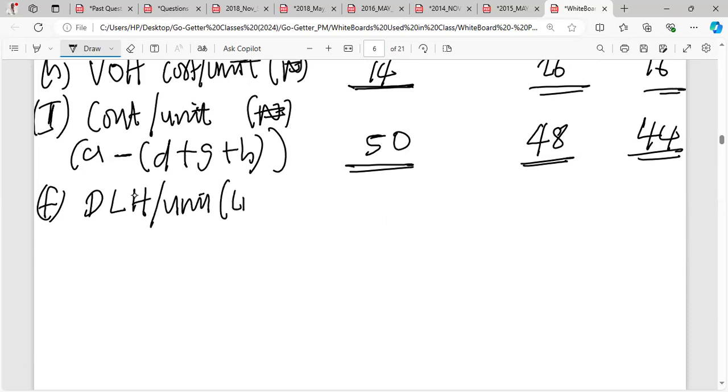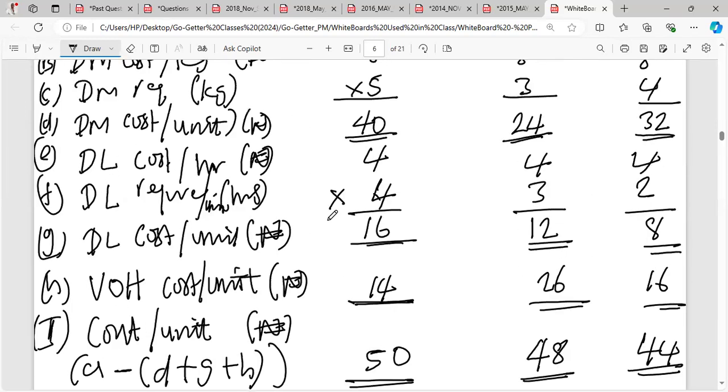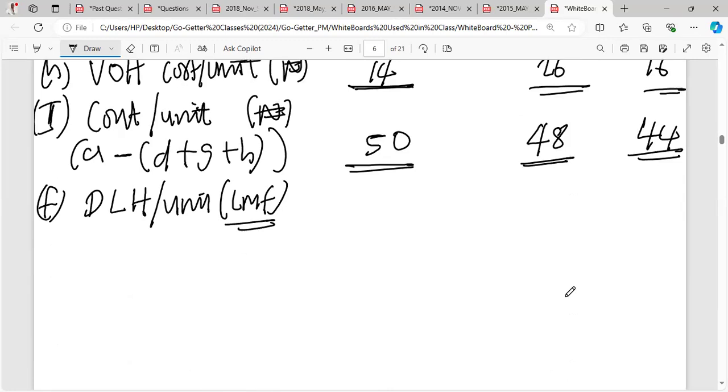And I'll say limiting factor. This is our limiting factor. We got it from F, 4, 3, and 2. So let me not double underline this because I'm going to use division.